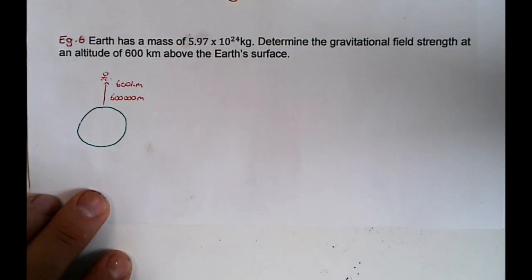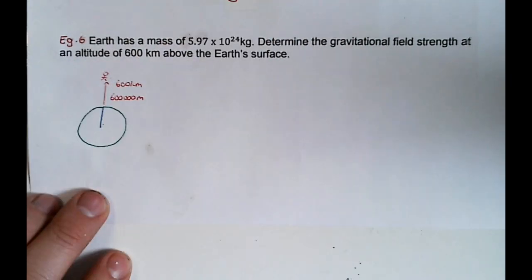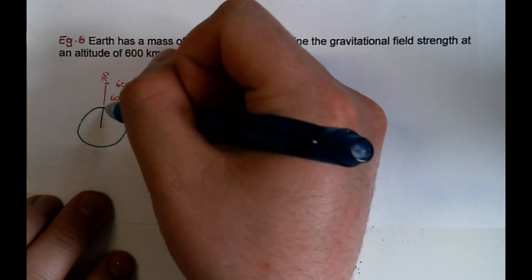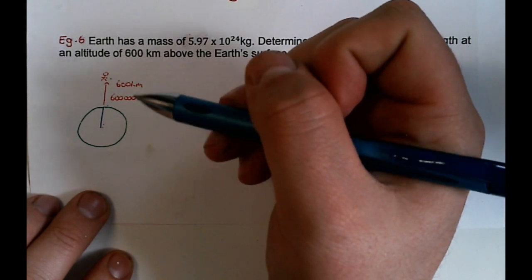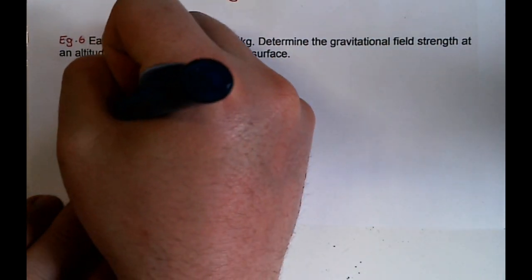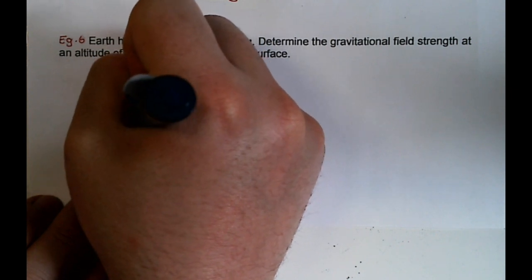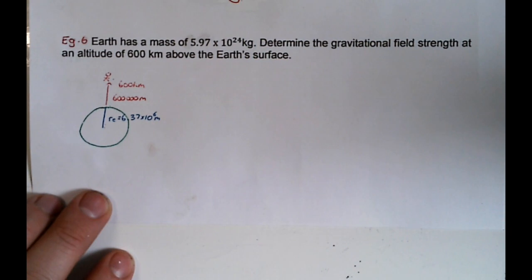We also need to include the distance from the center of the Earth, right? Not just from the surface, but from the center to the surface, plus the surface to where we are. So the radius of the Earth from your formula sheet is 6.37 times 10 to the 6 meters.